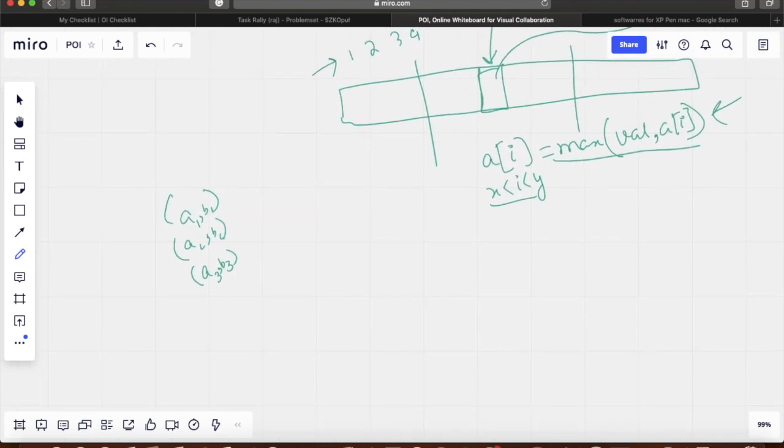So when I am, let's say, at a certain node U, I have processed all the Ai where Ai is less than U, let's say A1 and A2.